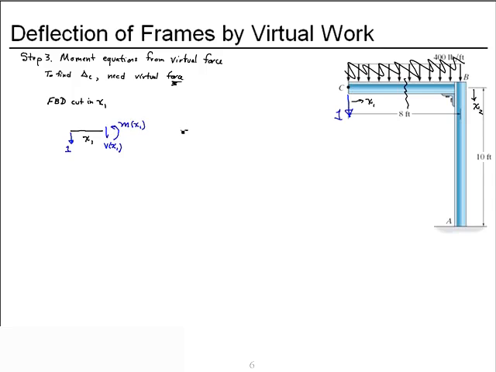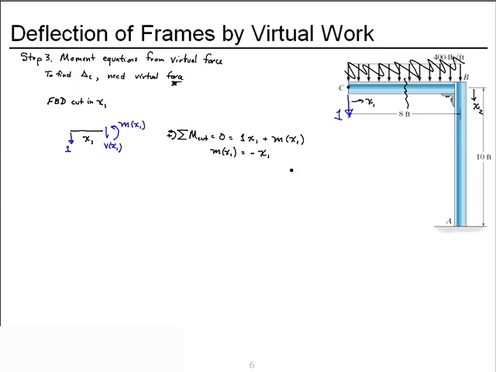Sum moments about the cut. I can choose any direction I want as positive. I will choose counterclockwise as positive because all of the quantities create a positive or counterclockwise rotation about the cut.